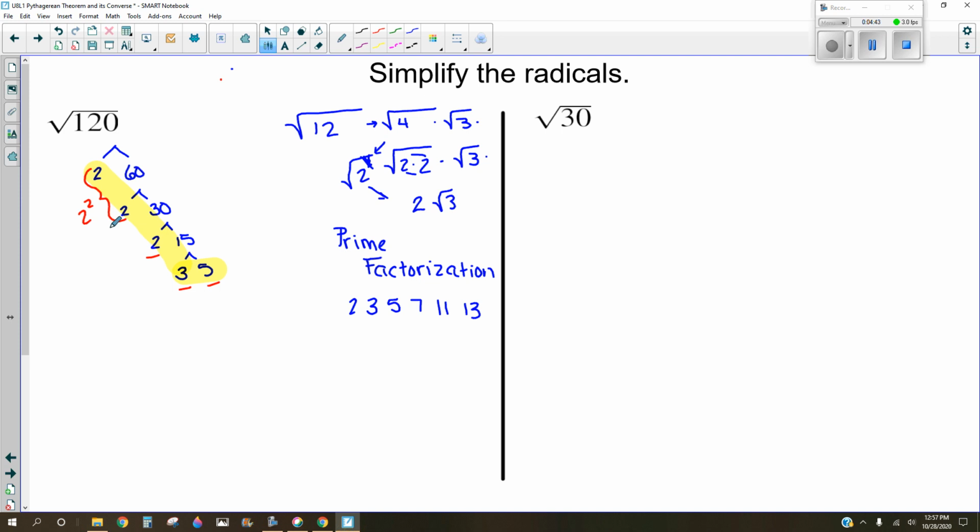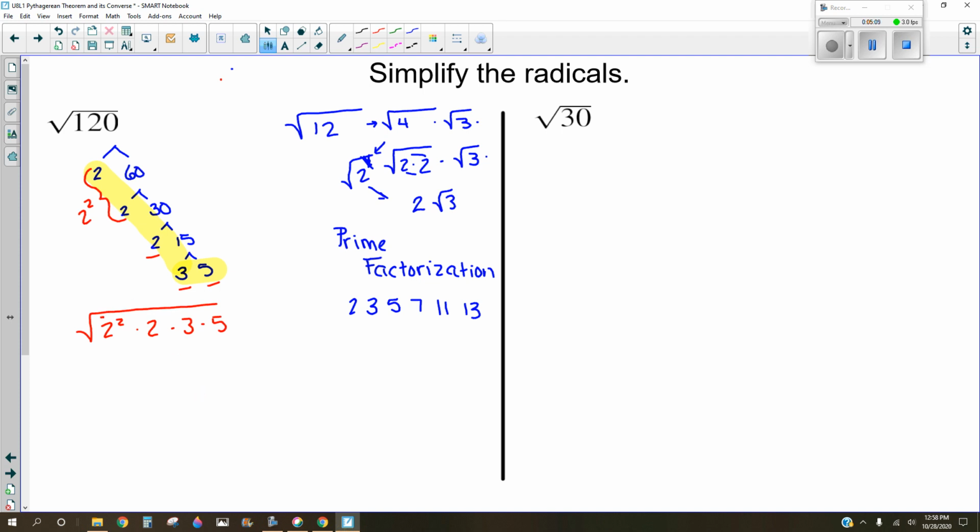So remember, 120 is under a radical. So if I took 2 to the second power times the 2 that was alone, times the 3, times the 5, and I multiply these all together, I would get 120. These are the prime factors of 120.